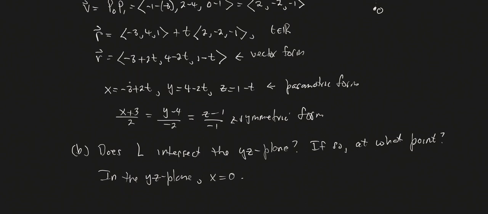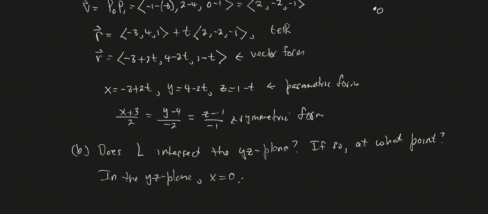We have an equation specifically for x, right? What's interesting about the parametric form is that you can analyze each of the coordinate variables, x, y, z, independent of each other in some sense because we have three separate equations, one for each variable.